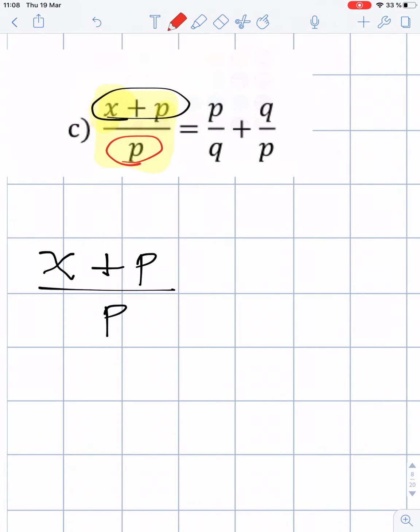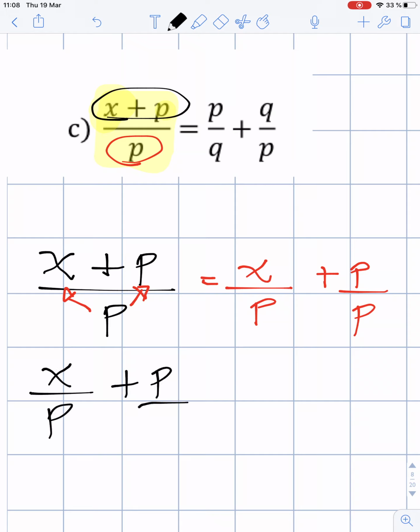We're going to split out the p for x and for p. It is going to be equal to x over p plus p over p. Finally, rearranging the formula, we have x over p plus p over p equals pq plus qp.